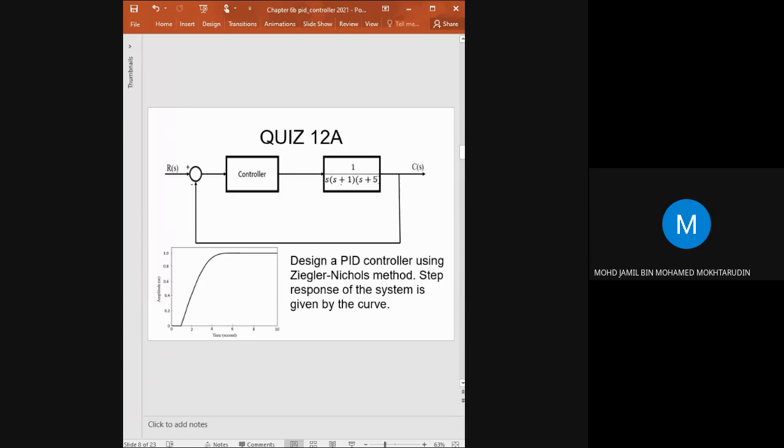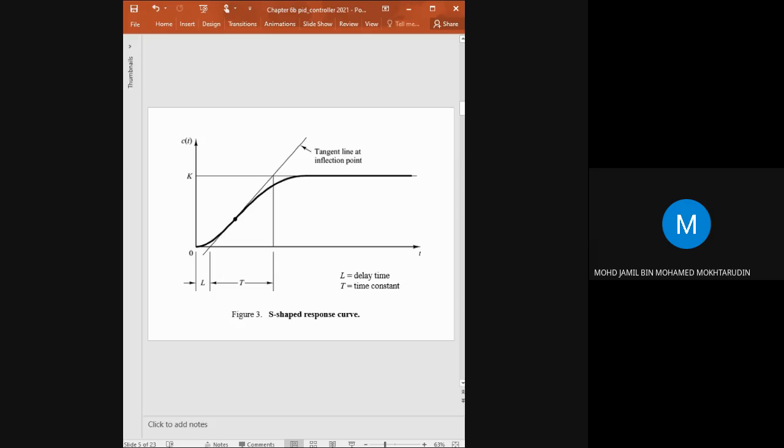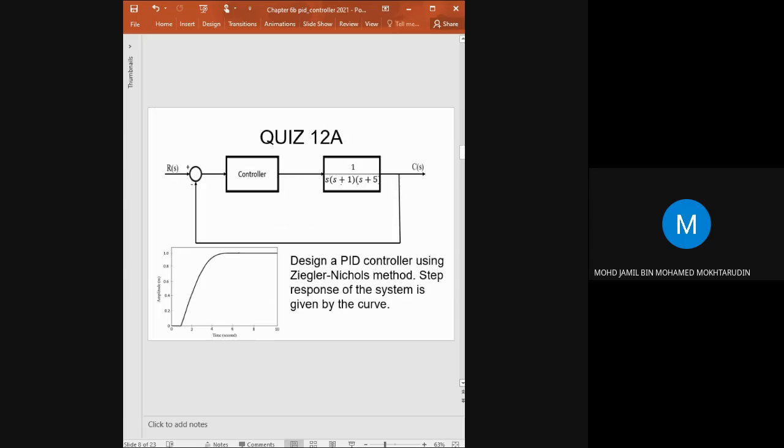And then after you get GC, you simplify the block diagram to obtain the final transfer function of the system. Okay, so that's basically the steps for this kind of question. Okay, so example tak banyak untuk PID. So example dia memang ni je lah. Okay. So maafkan saya kalau tak banyak example.